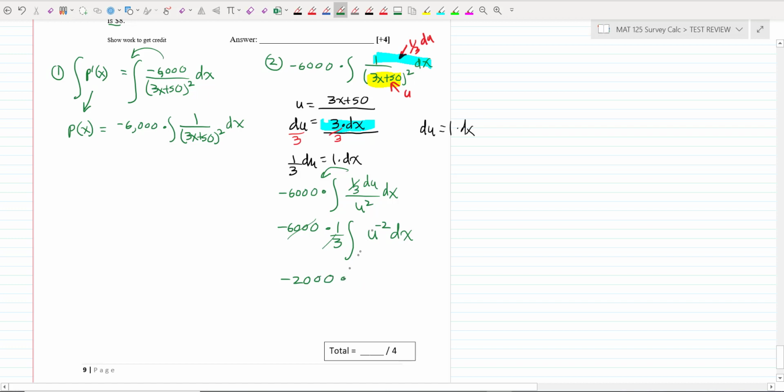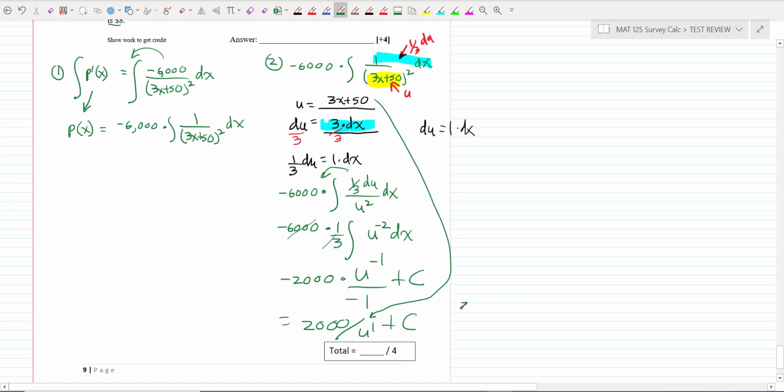And then the antiderivative of this would be u to the negative 1 over negative 1 plus c by the power rule. These two negatives divide out, so you would get 2,000 over u to the first plus c. Okay, so that's step 2 is to do that. Now the other thing we need to do is plug back in u, and then we still got one more thing to do here.